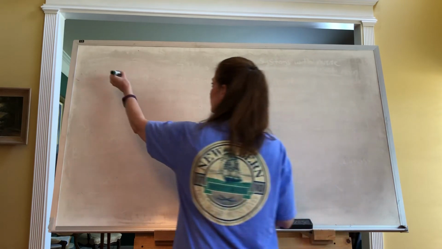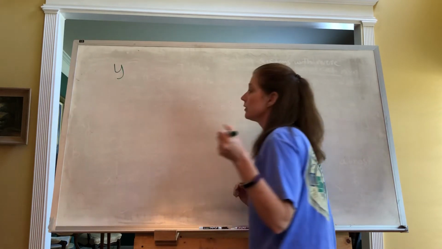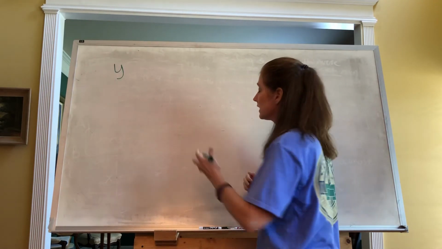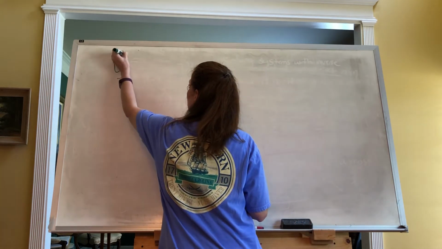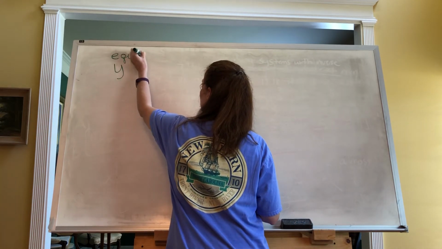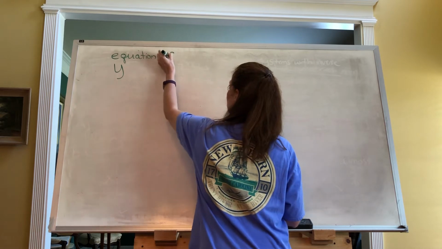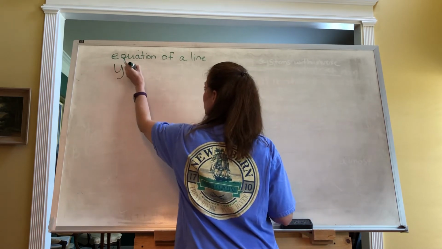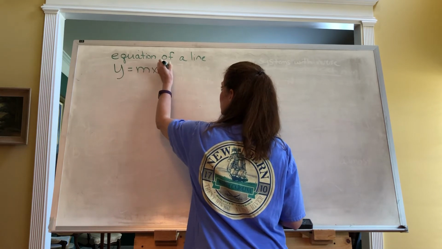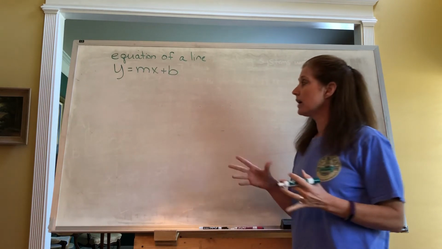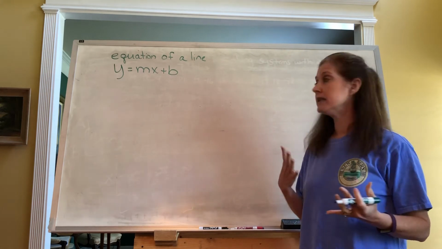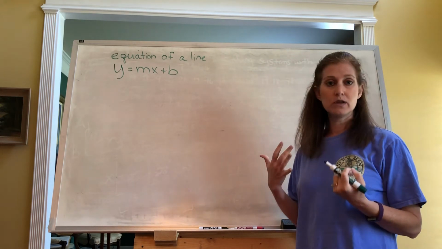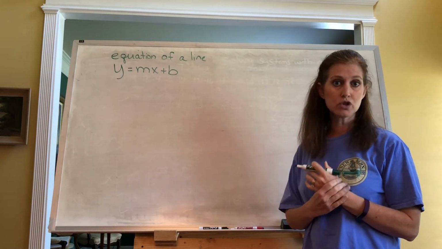So the slope-intercept, this equation of a line is what we're looking at. So it's y equals mx plus b. And when you have your line written in this form, it is the easiest way to graph it.